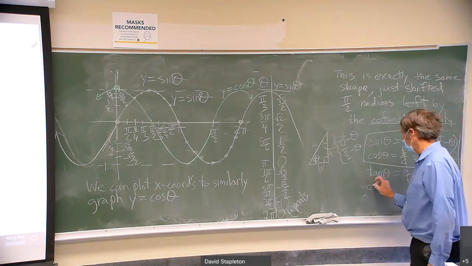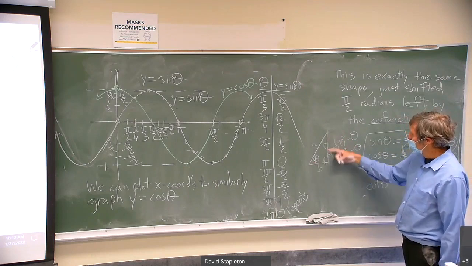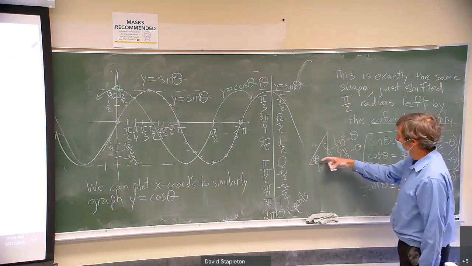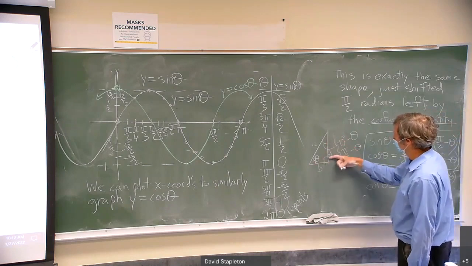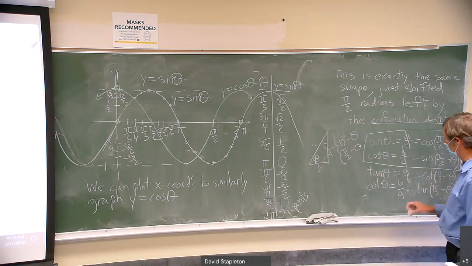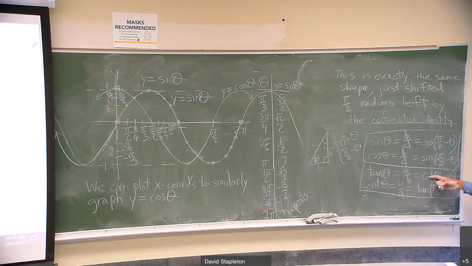And similarly the cotangent of theta, adjacent over opposite, is B over A. That's the opposite over the adjacent for the complementary angle, the tangent. And so tangent and cotangent come in pairs also, hence the name cofunction identity. The tangent of any angle is the cotangent of its complementary angle. The cotangent is the tangent of the complementary angle.